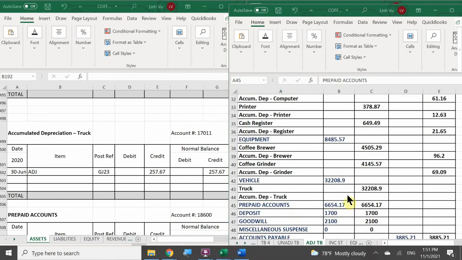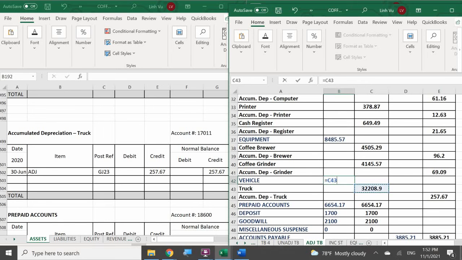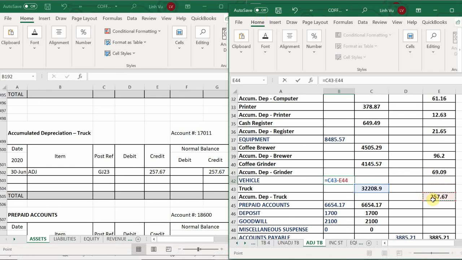And that is for a total of $257.67. So that means my total vehicles is going to be my truck minus my depreciation, which gives me $31,951.23.